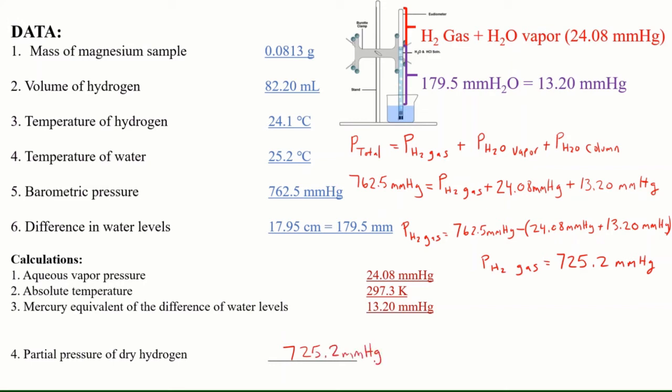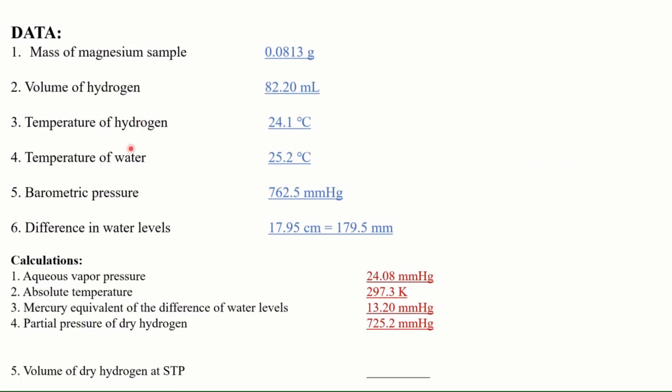millimeters of mercury. Okay, line 5 of the calculation is asking for the volume of dry hydrogen gas. Remember in line 4 we calculated the partial pressure of dry hydrogen, which was 725.2 millimeters of mercury, but this was at experimental condition.